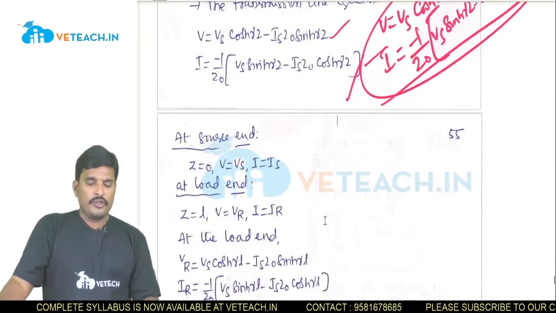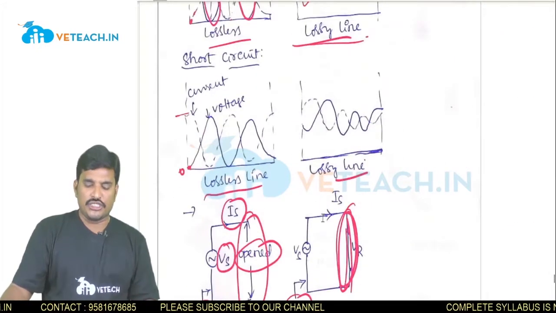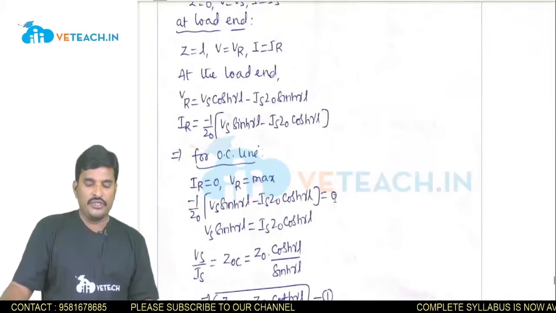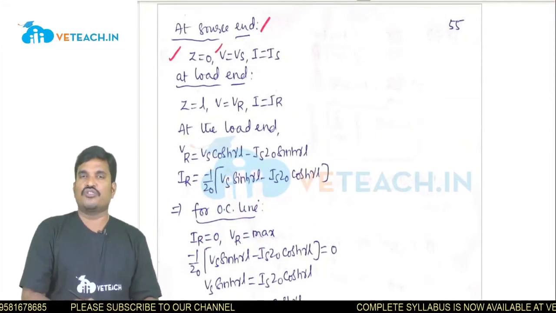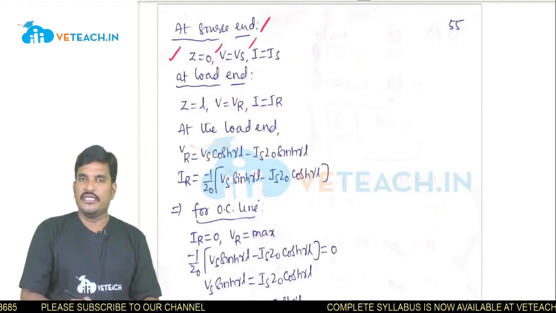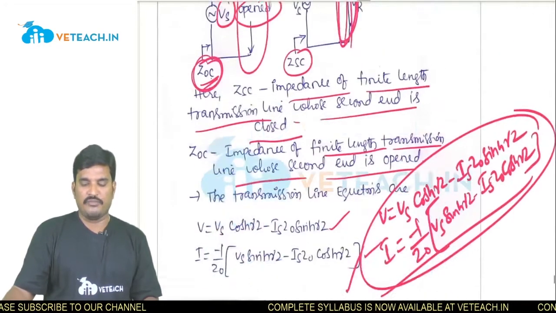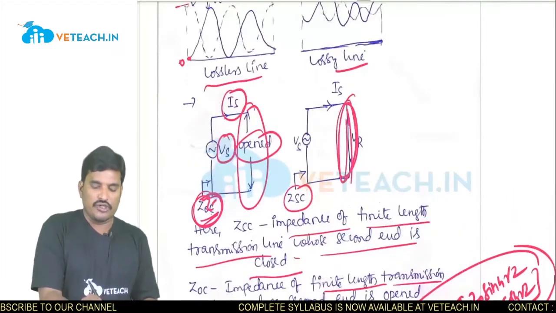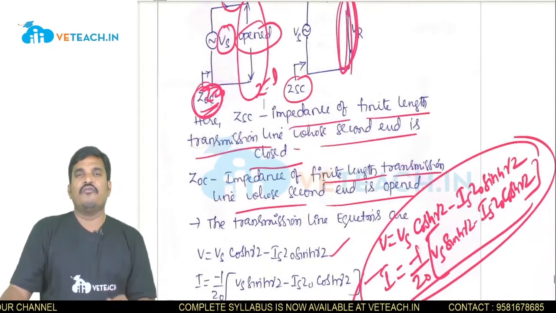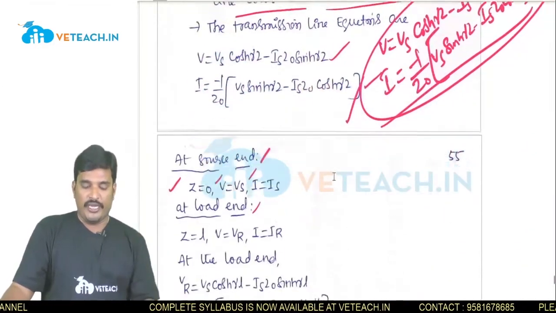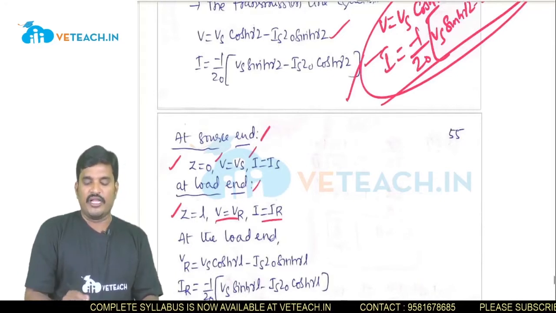Now let me consider the source end conditions. At the source end, z is equal to 0, V becomes Vs, the source voltage, and I becomes Is, the source current. Then at the load end, z is equal to l, some finite length, V becomes VR and I becomes IR.